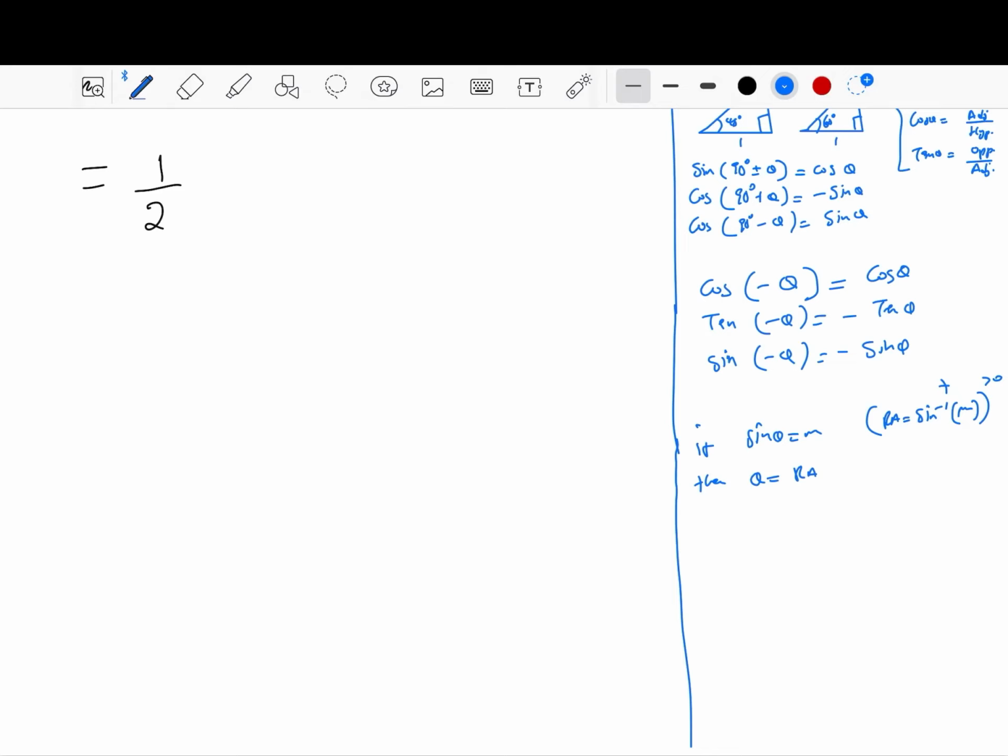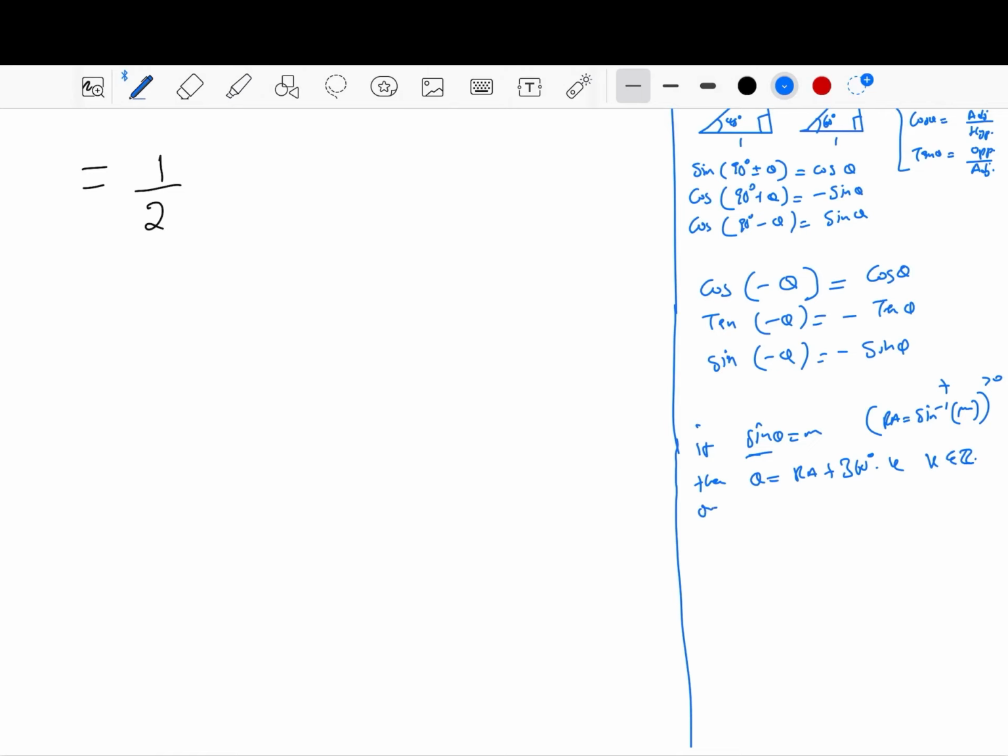I'll show you this in an example. So theta is equal to the reference angle plus 360 degrees times k, and k is an element of integers. K is an integer. So if it's sine, we have theta is equal to reference angle plus 360 times k.